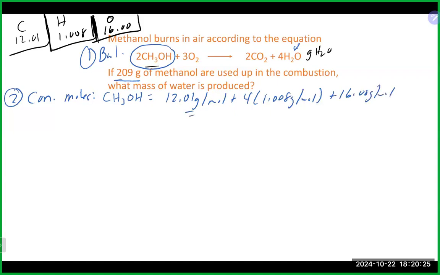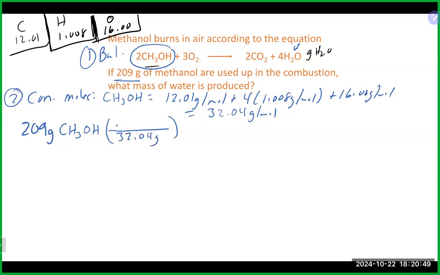That's going to give us a molar mass here of 32.04, I think, grams per mole. So we'll take our starting number here, 209 grams of CH3OH, using our molar mass, grams on the bottom so that we end up with moles. So 32.04 grams per mole here.